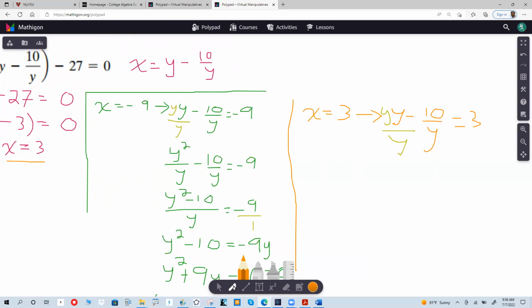And you're going to get y squared. I need a little bit of room, so I'm going to write it here. Oh boy, we'll see how this one goes. So same thing, guys. The top is y squared minus 10.